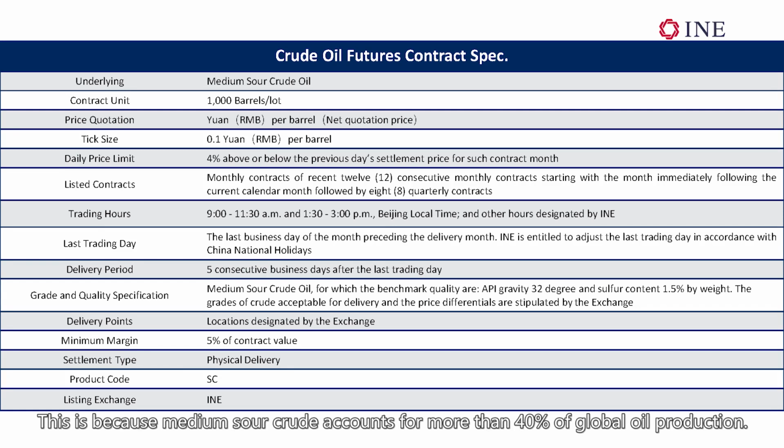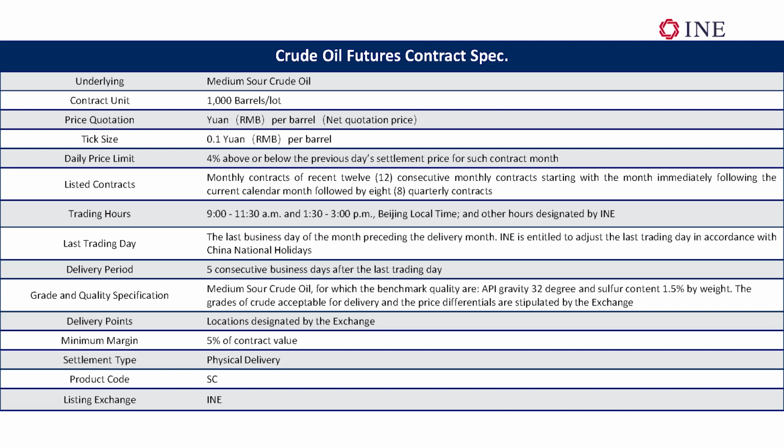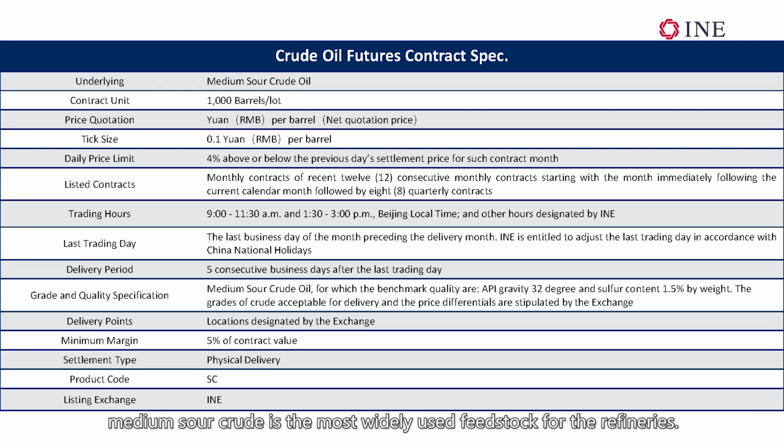This is because medium sour crude accounts for more than 40% of the global oil production. In addition to this, for China and its neighboring countries, such as Japan and South Korea, medium sour crude is the most widely used feedstock for the refineries, and it is the crude stream that China imports the most.